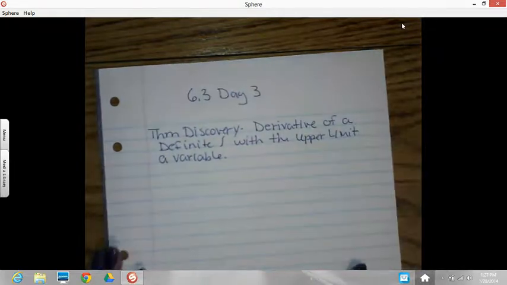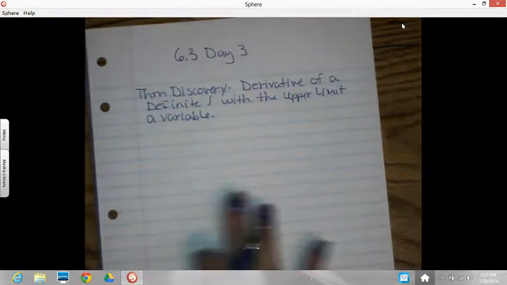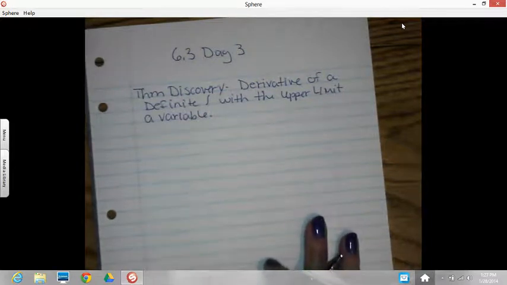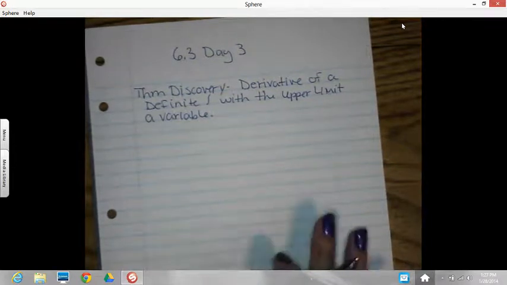Okay, if you happen to forget this little theorem discovery and forget the shortcut, you'll be doing these problems the long way come the quiz or the test. Okay, so here's our discovery.